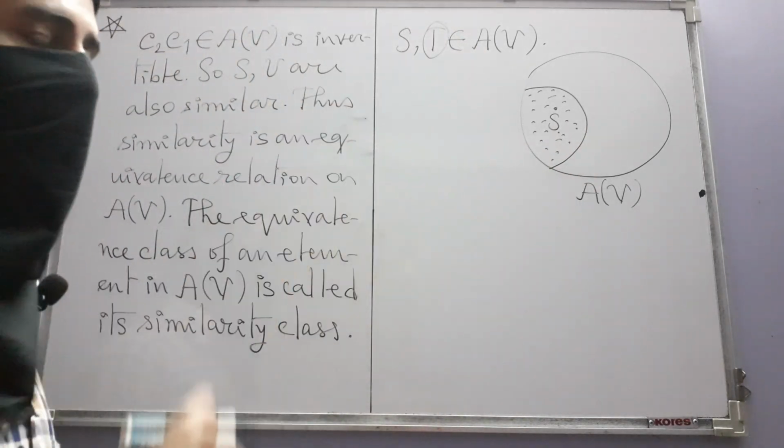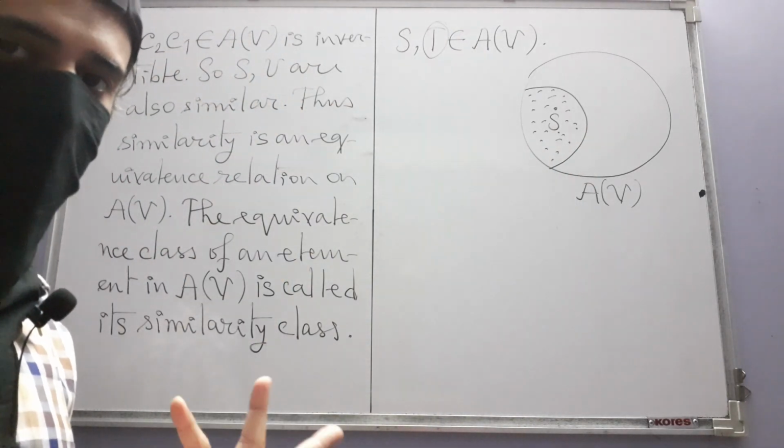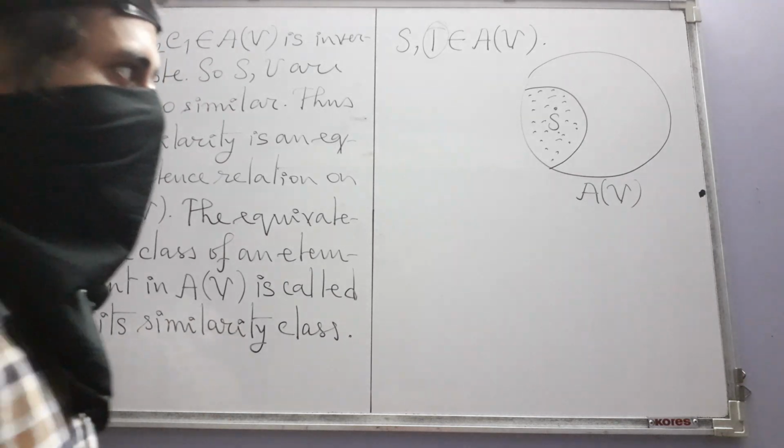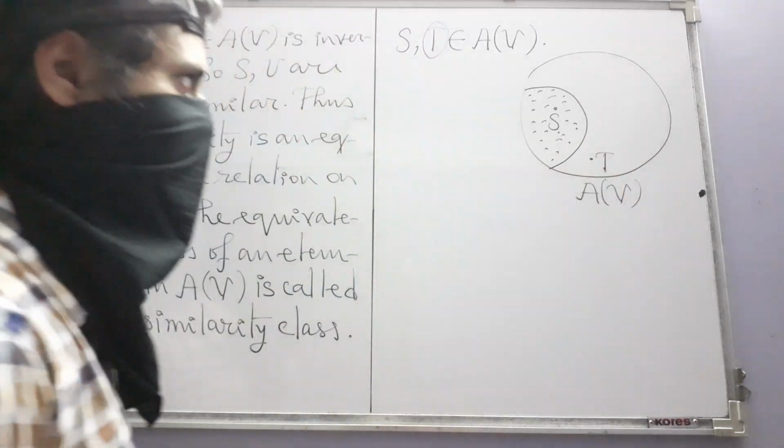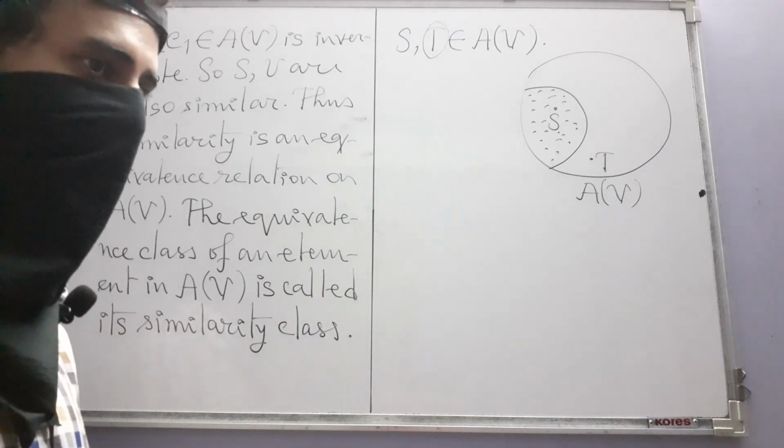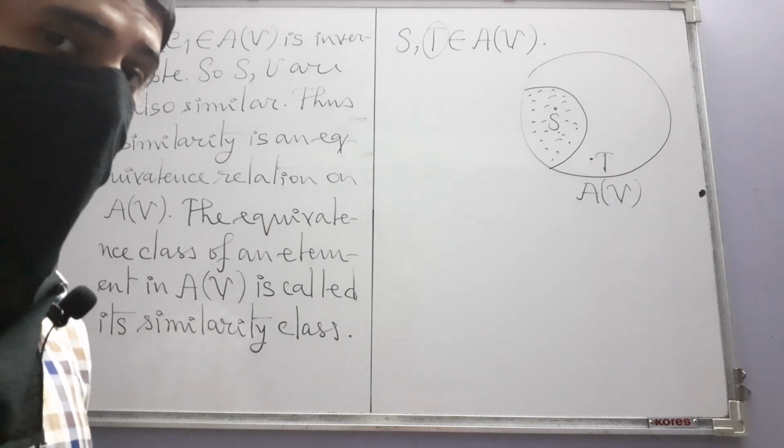If you find T there somewhere, then S and T are similar. But if T lies outside, then S and T are not similar. Now, of course, this is not computationally feasible.